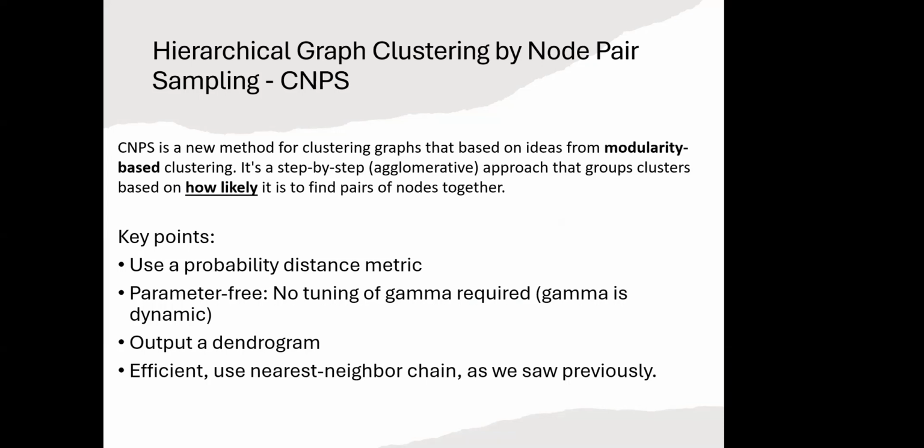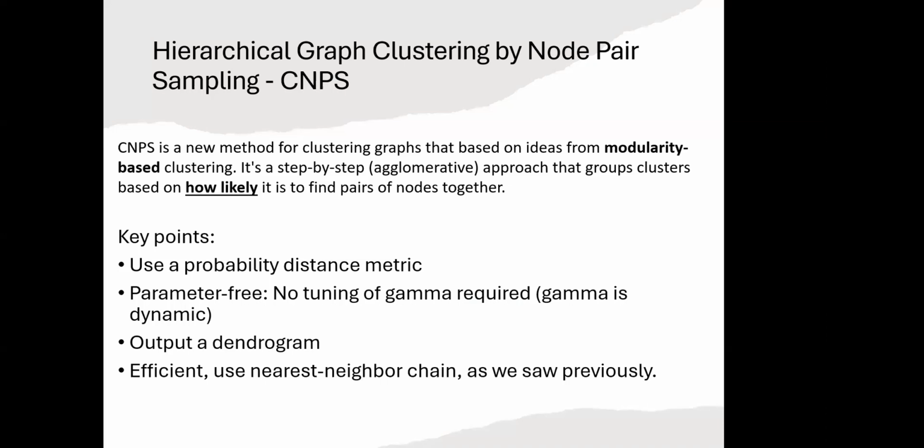We have hierarchical graph clustering by node pair sampling, CNPS. As we said earlier, we compare pairs. It's a new method of clustering graphs. It's also based on modularity, but we compare modularity in a different way. It's based on how likely it is to find pairs of nodes. How likely? We use probabilities.